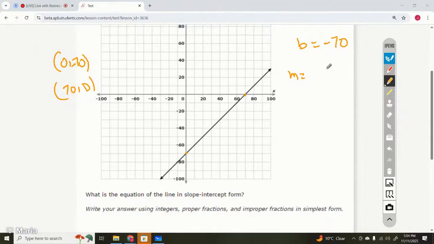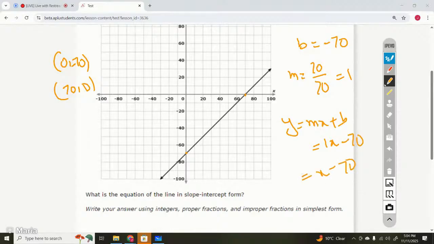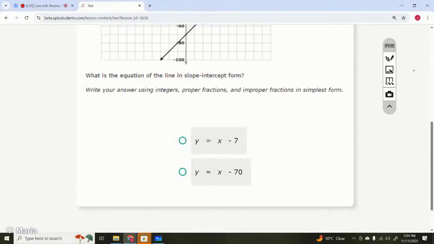So we need to calculate the slope: change in y over change in x is 70 divided by 70, right? The slope is 1. So the equation is y equals mx plus b, m is 1, so that is 1x minus 70, x minus 70 it is. Option number 2 is the correct option.